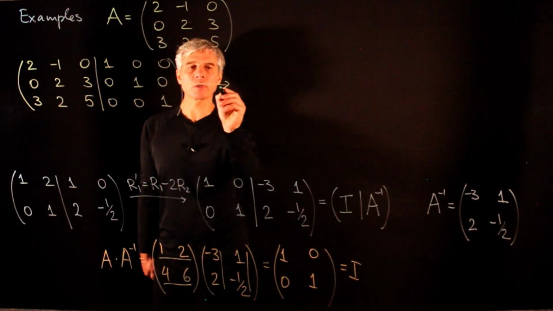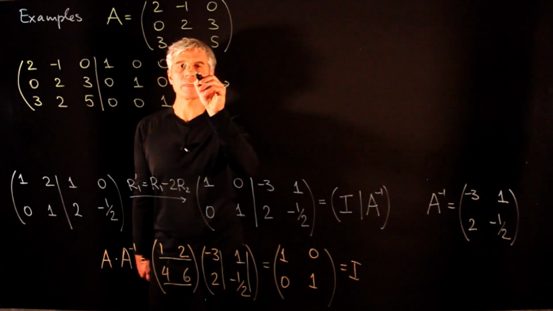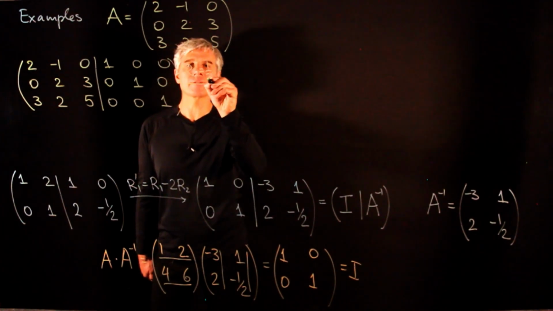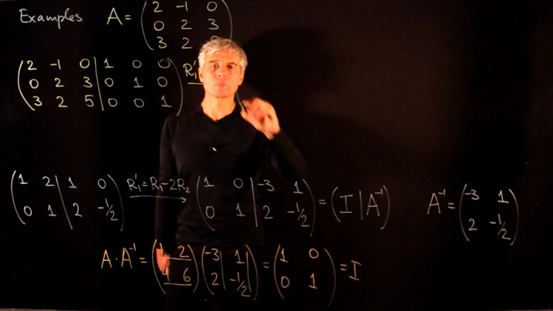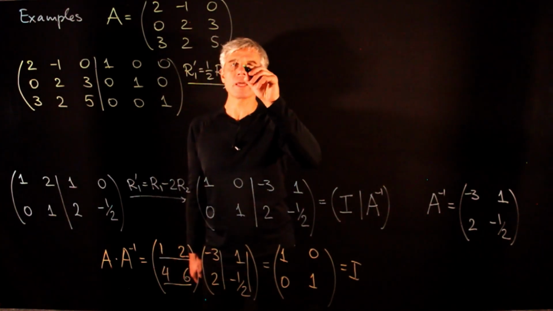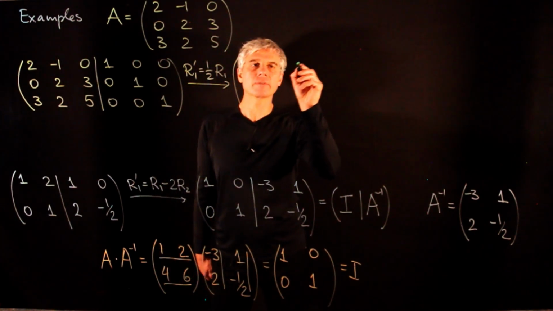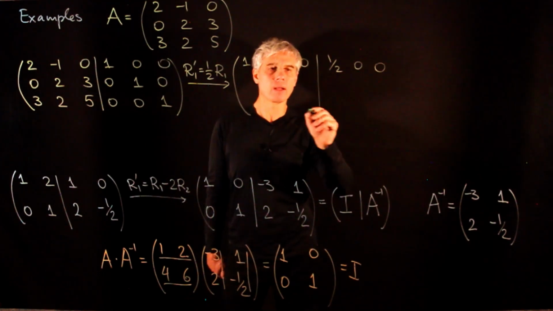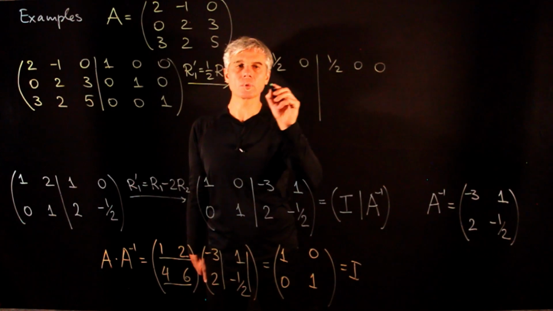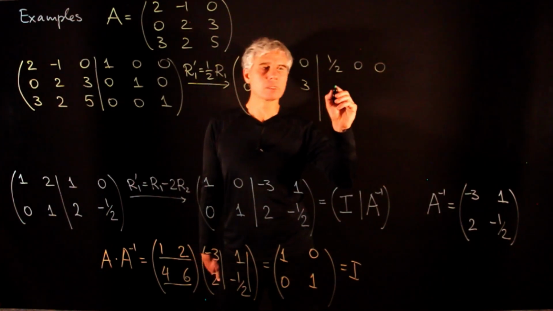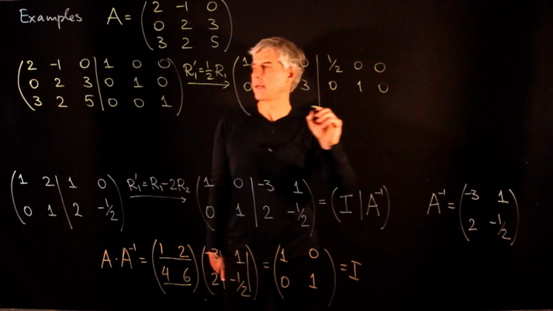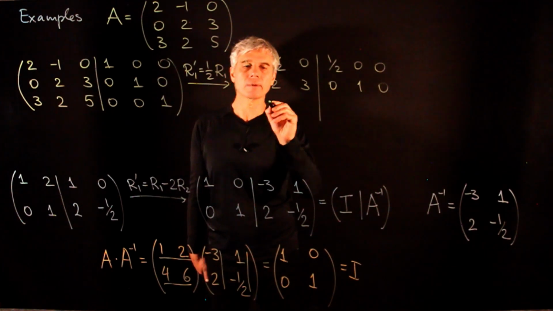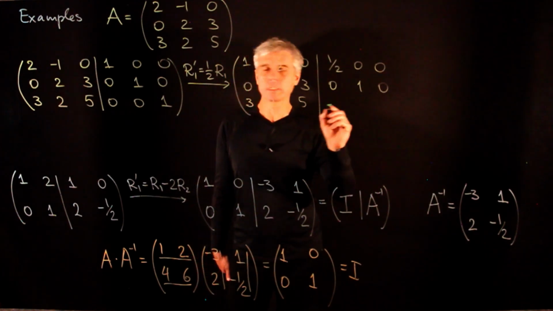So what we're going to say is row 1 new is 1/2 of row 1. So this gives us 1, -1/2, 0, 1/2, 0, 0, and then 0, 2, 3, 0, 1, 0, and 3, 2, 5, 0, 0, 1.